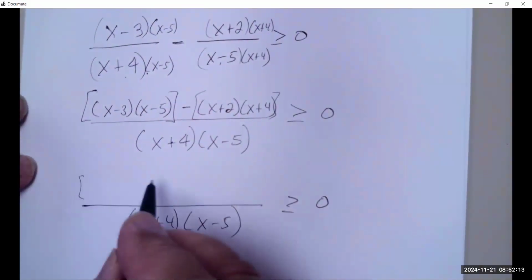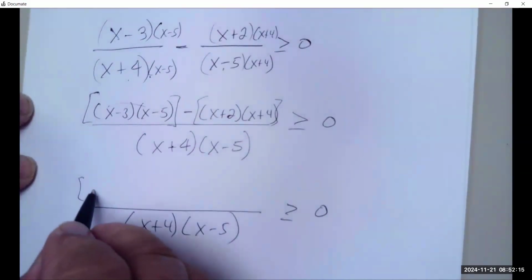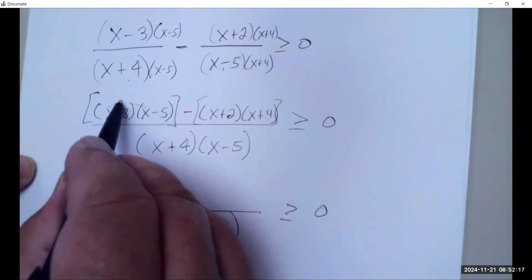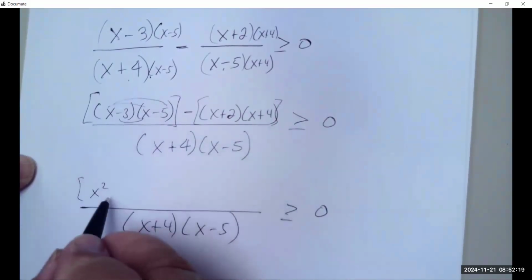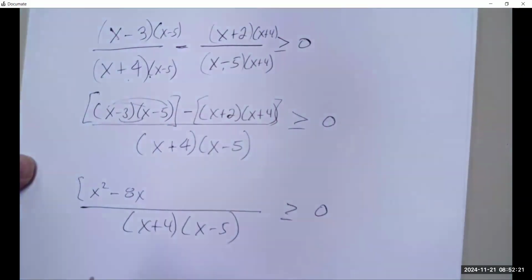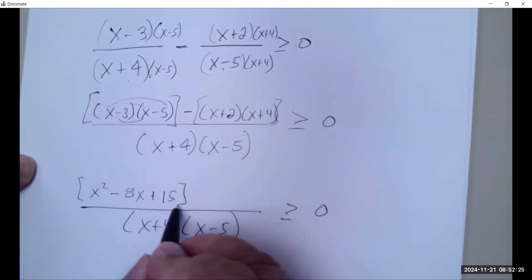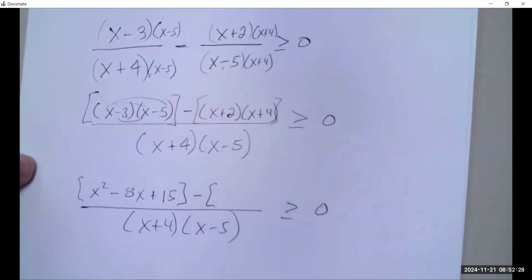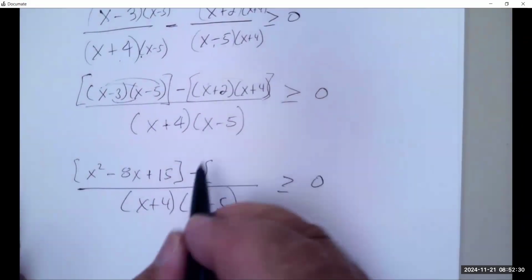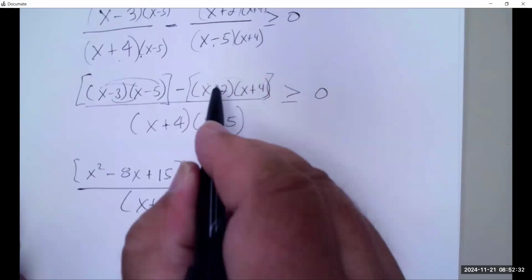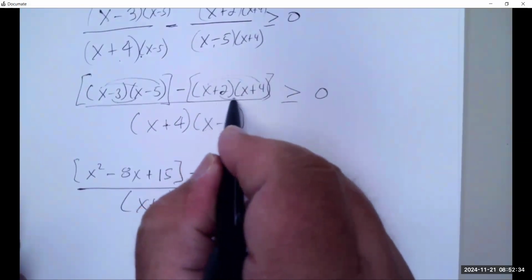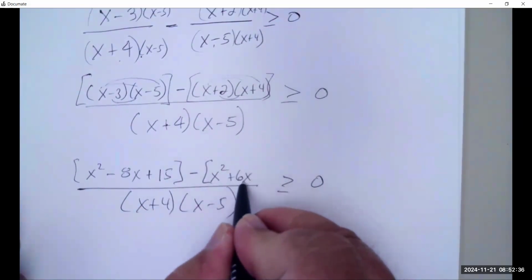So the first bracket, x times x is x squared. Negative 5x, negative 3x makes it negative 8x. Negative, negative makes it positive 15. Then x squared, positive 4x, positive 2x makes it positive 6x.